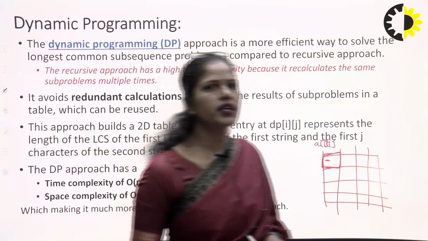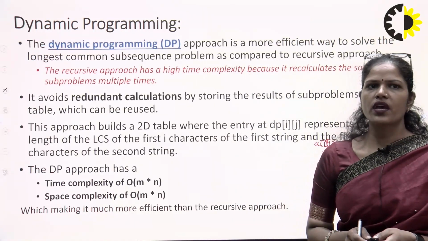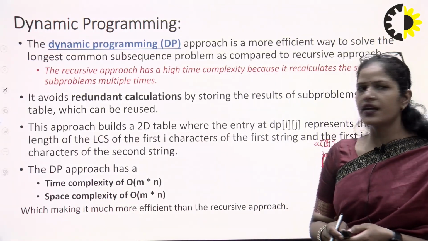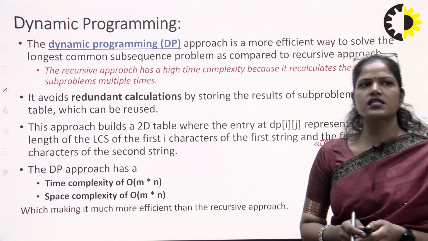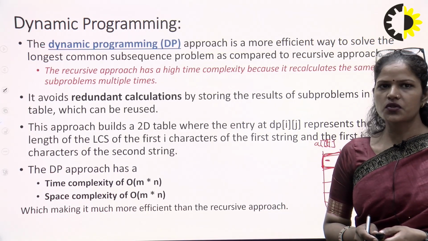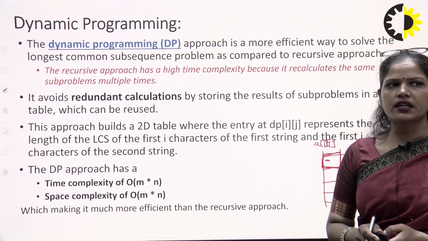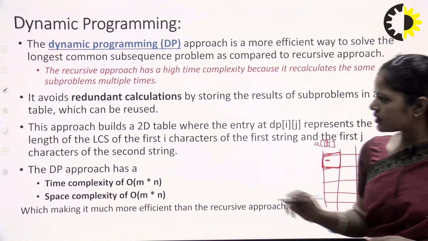So DP is based on a 2D table where the entry at dp[i][j] represents the length of the LCS of the first i characters of the first string and the first j characters of the second string. So how does it work?